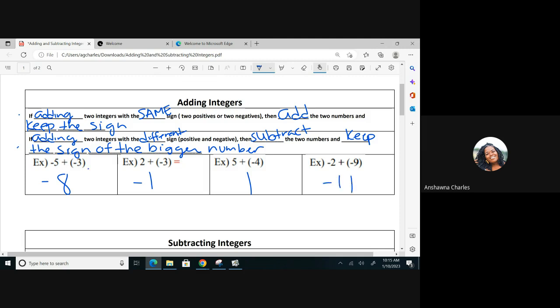Okay. All right, so y'all didn't do that bad with these. It was when we started to subtract, okay, especially with negatives. All right, so when we subtract integers, we're going to talk about that next. And for the people that are watching, I'm recording this, so I'll send it to you once it's done recording if you need to pause it.